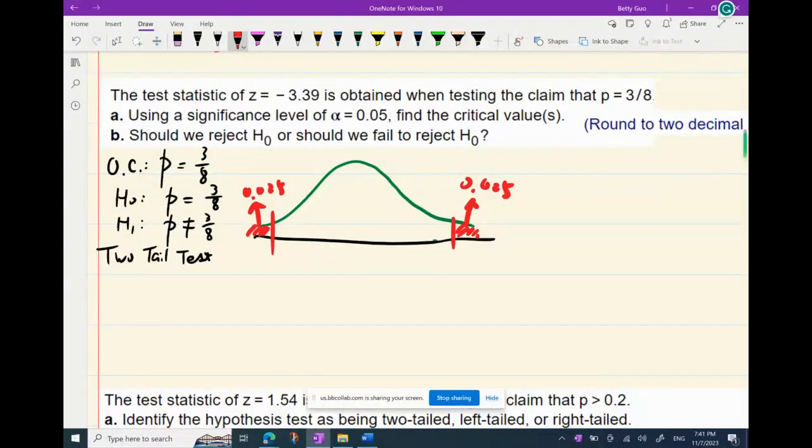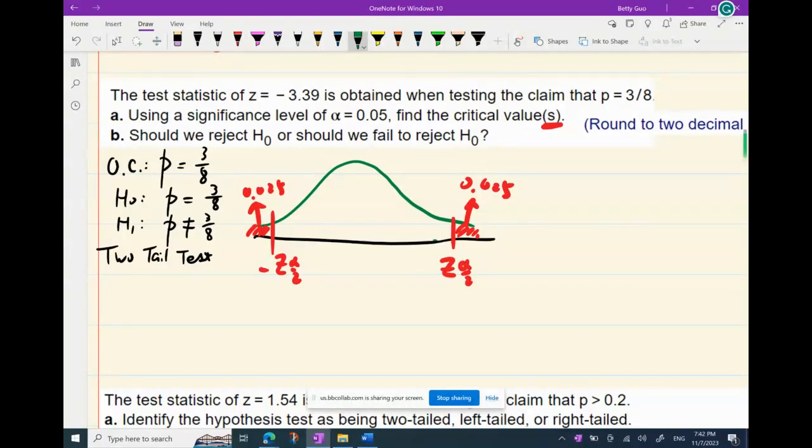And we are going to find the critical values. This time we're going to have two values. The question would tell you to use a comma to separate. So this is going to be negative z alpha over 2, and this is going to be positive z alpha over 2.